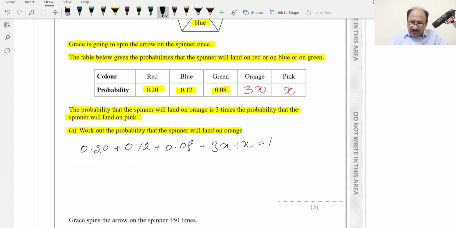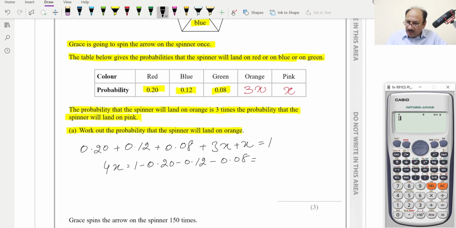So now we can add the like terms. 4x is equal to 1 minus 0.20 minus 0.12 minus 0.08, and I have shifted everything to the other side. We can use calculator. 1 minus 0.20 minus 0.12 minus 0.08, and this will give us, in decimal format, 0.6.